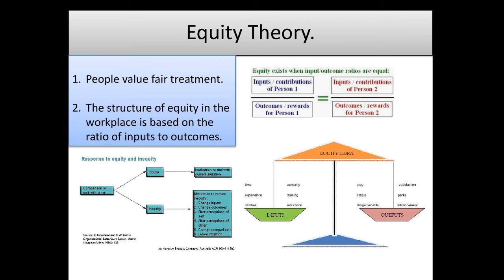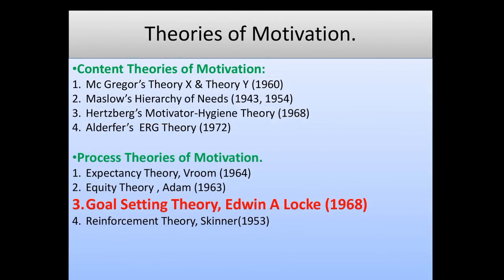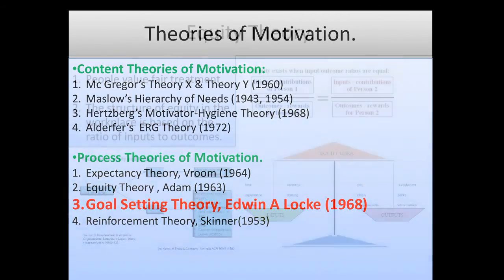Equity theory talks about fair treatment of all the employees in the organization in the same manner. One employee's input and another employee's input may be the same, but the output might vary. According to that, the weightage will be given to the employees. Please understand.